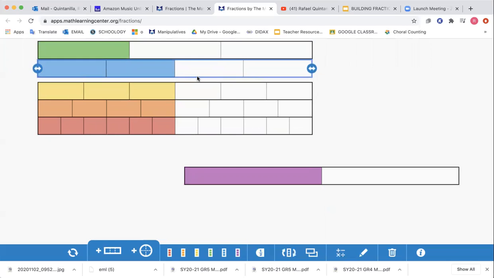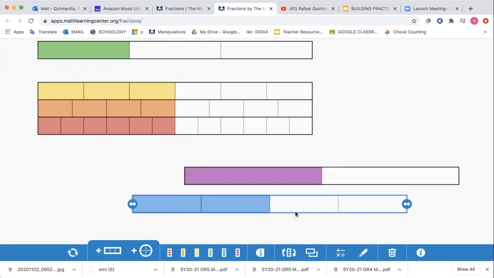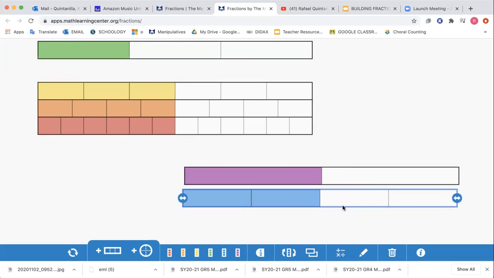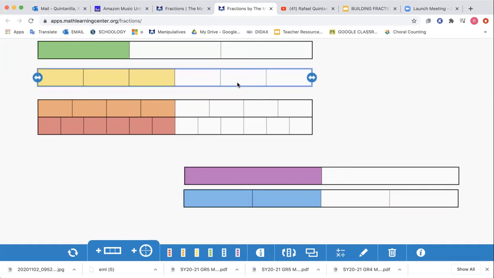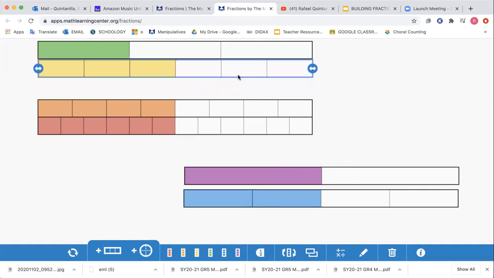So if I'm working with equivalent fractions, just to build that equivalent fraction, I'm not able to. So I'm going to slide this over here. Can I work with sixths? Yes, right? But I'm going to take that off, right? So now I notice that 1/3 is the same as 2/6, right?